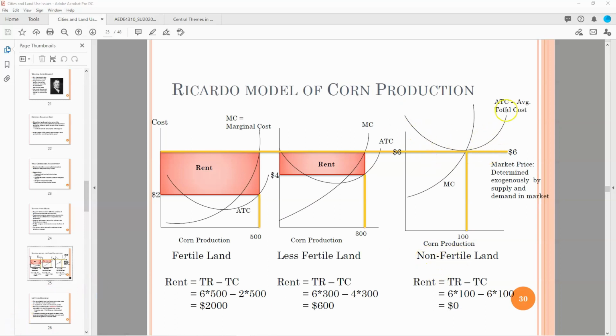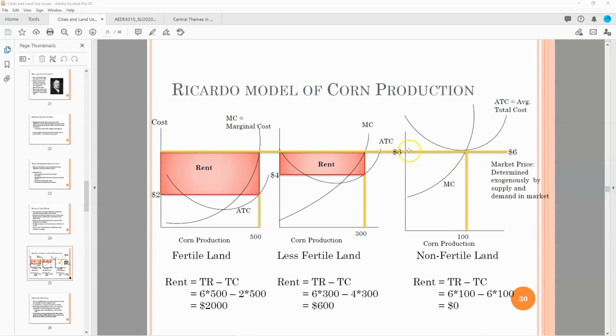For this one, the average total cost curve, the marginal cost curve, and the market price, those 3 lines just intersect at the same point. And that means our total revenue is equal to total cost, because total revenue is the area under the market price, and the total cost is the area under the average total cost curve.